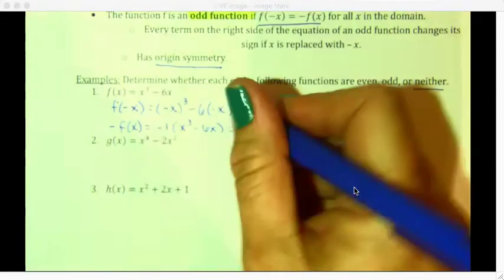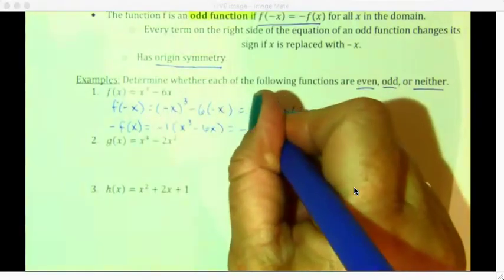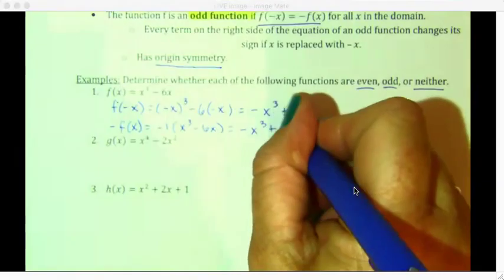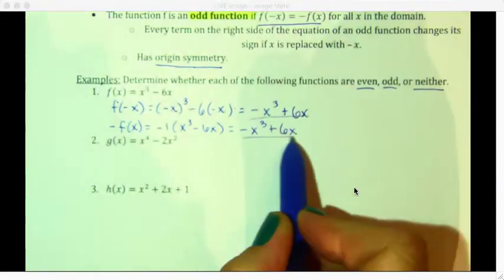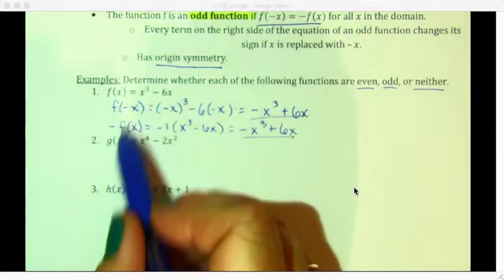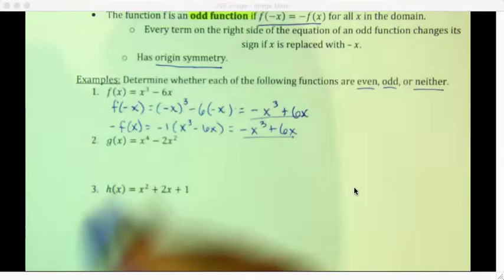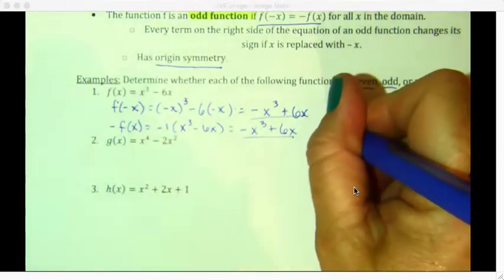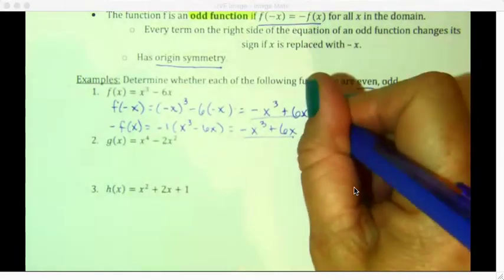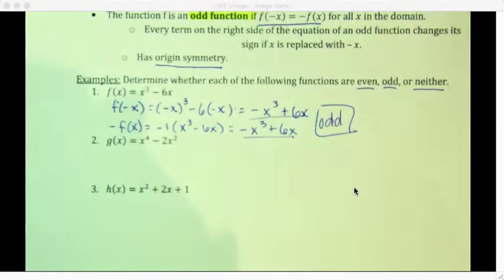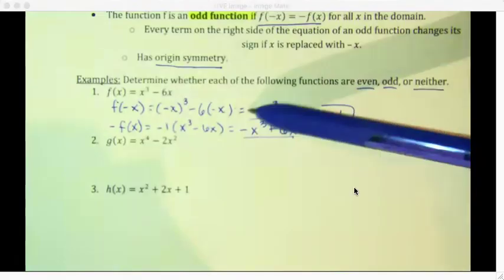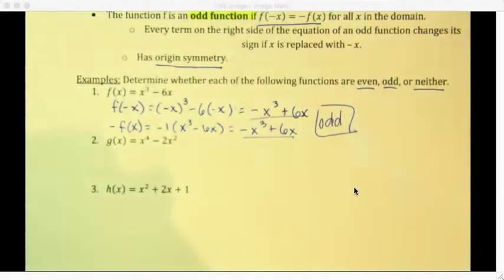Well, when I distribute that -1, I get -x cubed plus 6x. And those are, in fact, equal. f of negative x is equal to negative f of x. So what that means is that this is an odd function. Okay. So if this were a quiz or an exam problem, all of this work and the conclusion that it's odd is the answer. It's not like just writing the word is your answer.